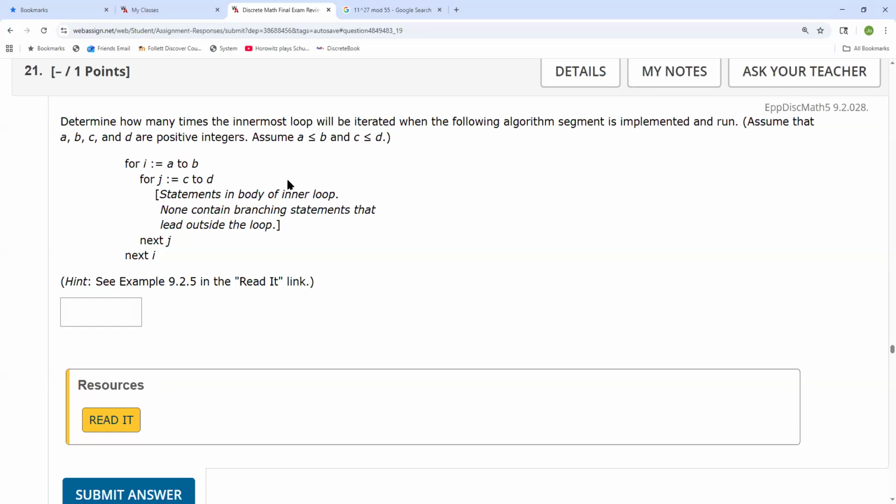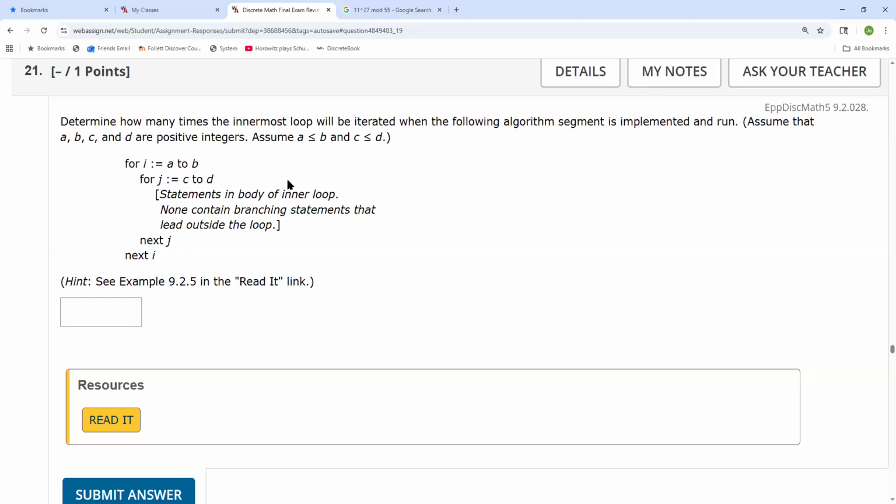So first of all, imagine that you're at the beginning of it. What happens the first time you run through it? Well, I equals A, right?